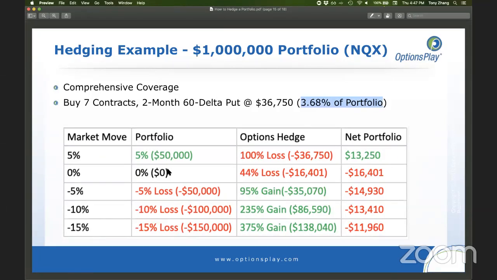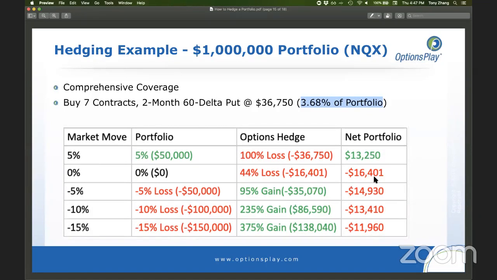So same thing, same $1 million portfolio in the different scenarios where the market moves higher and lower. In this particular case, if the market stays exactly where it is, before I lost the full value of the put option, so I actually lost $17,000. Here, I'm only losing $16,000.